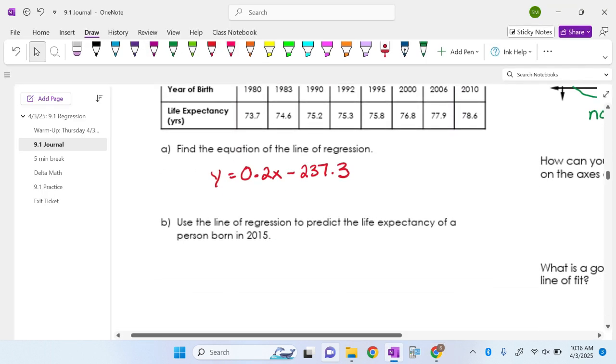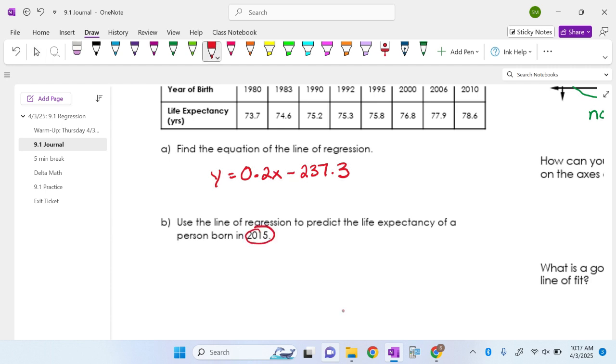Now, we're going to use the line of regression to predict the life expectancy of a person born in 2015. So, what do I need to do using my regression equation to do that? First off, does 2015 represent an X or Y value for me? It is an X value because 2015 is obviously a year.